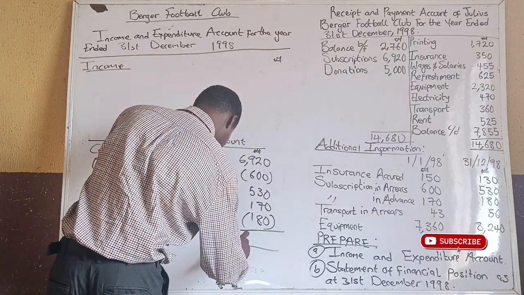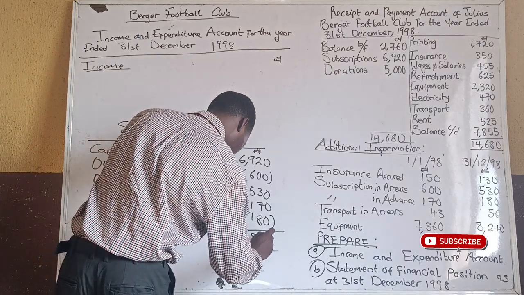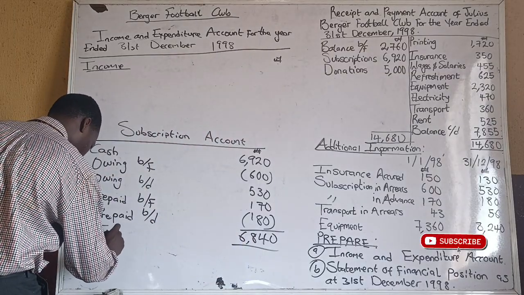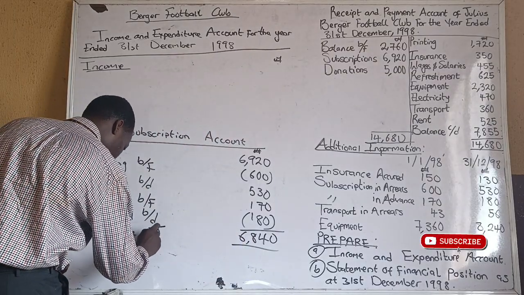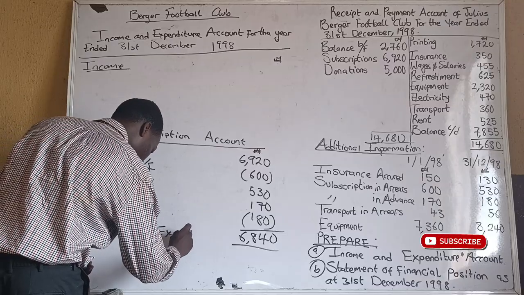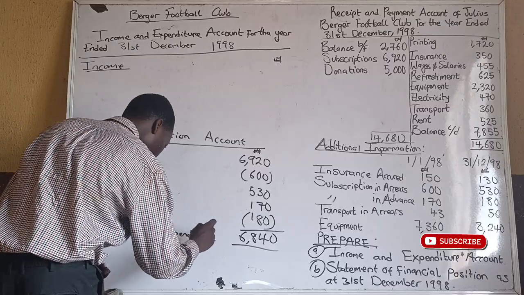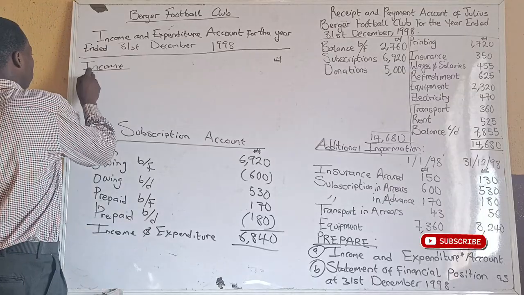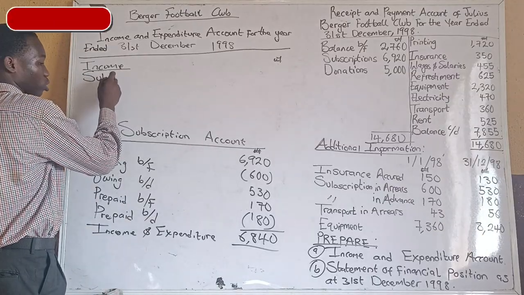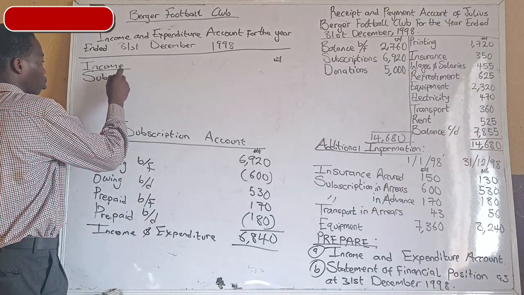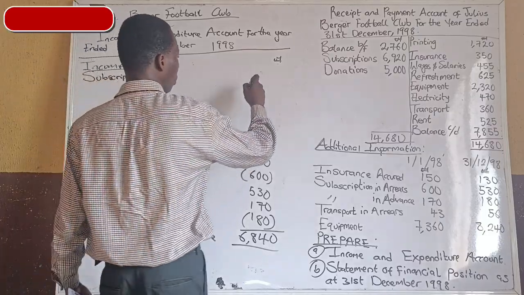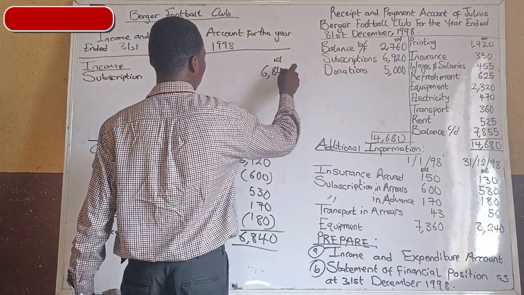This gives 6,840. So this is moving to our income and expenditure account. For our income and expenditure account, this is going to be our subscription. Now we have subscription, 6,840.